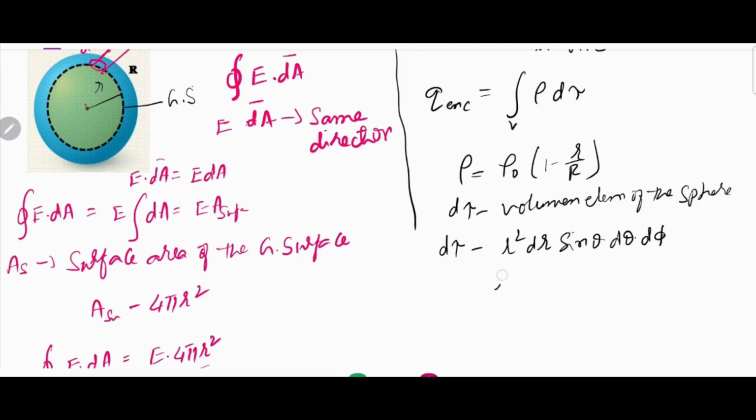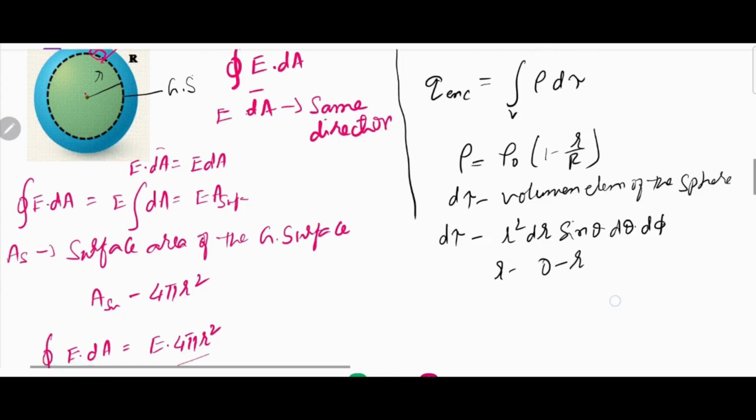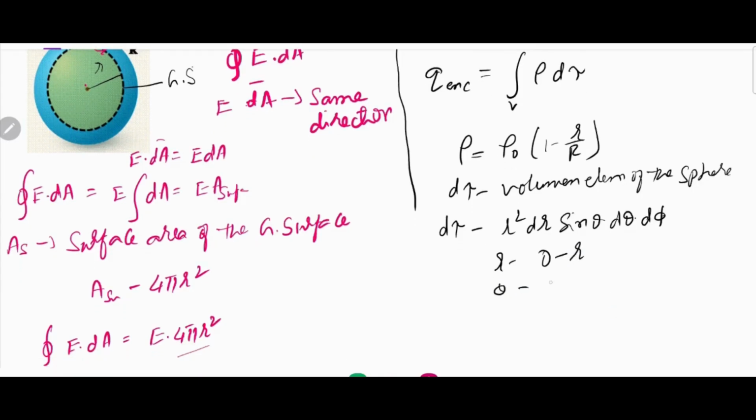Here r changes from 0 to small r, theta changes from 0 to pi, whereas phi changes from 0 to 2 pi.